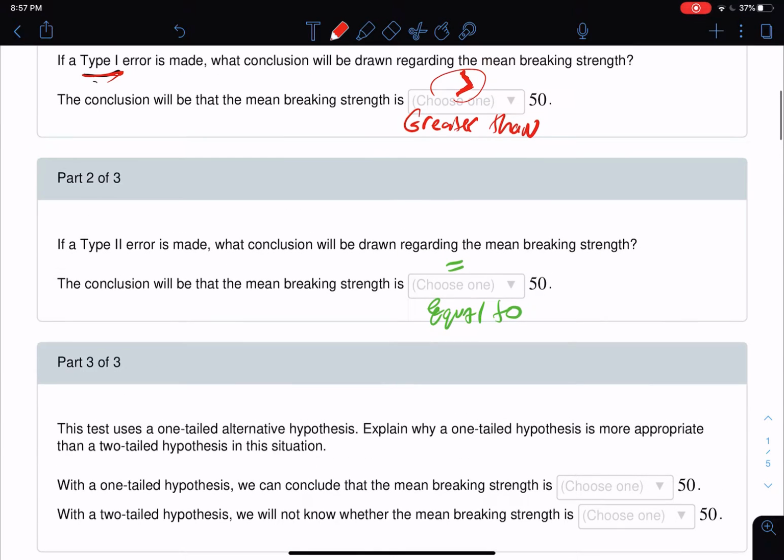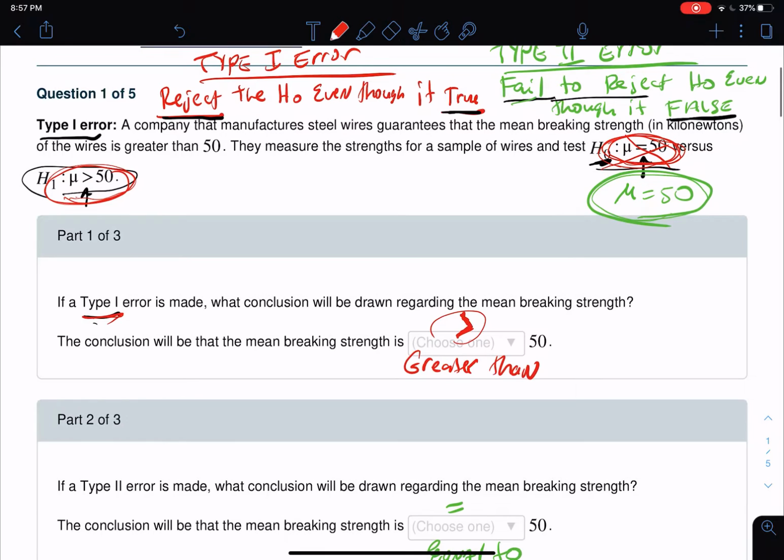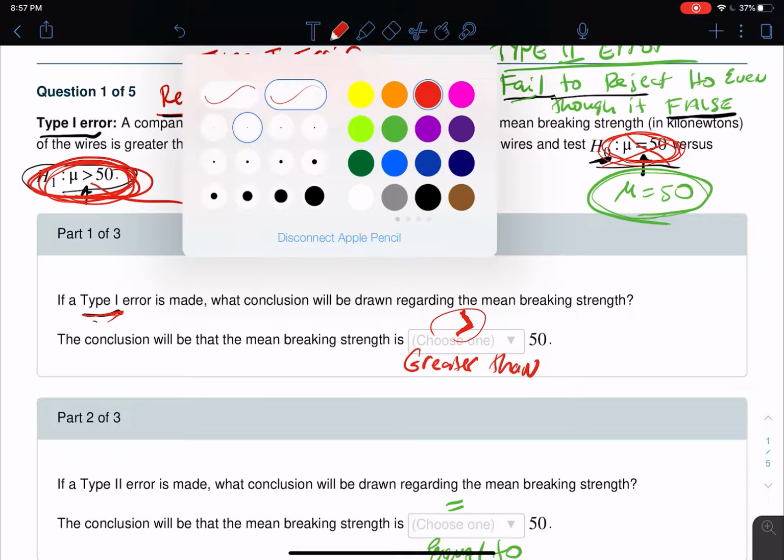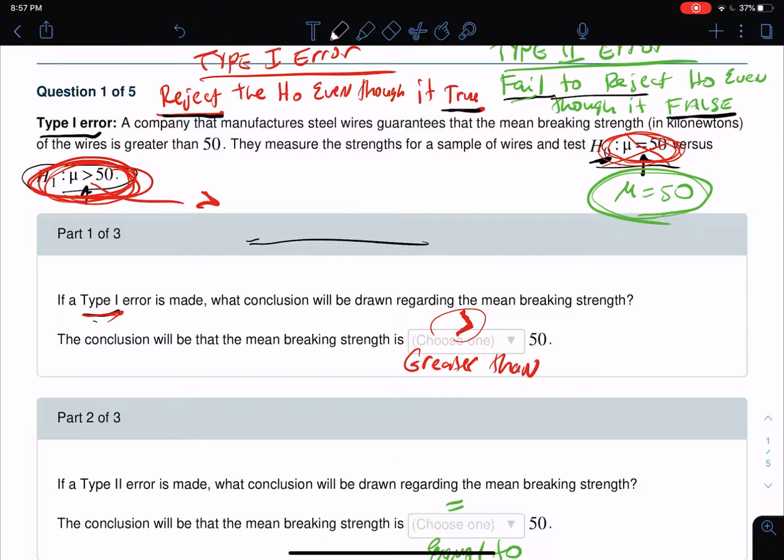Well, first of all, when we go up here, we can tell because look at that alternative hypothesis: it's greater than. There's your greater than symbol. So if we're trying to visualize this again, our test would look something like this. They're telling us that the mean breaking point is at 50, and we want to know when it's greater than 50.